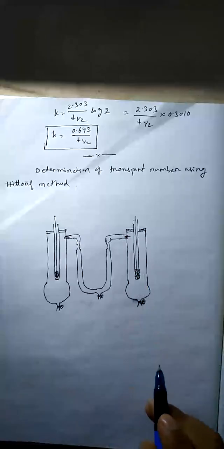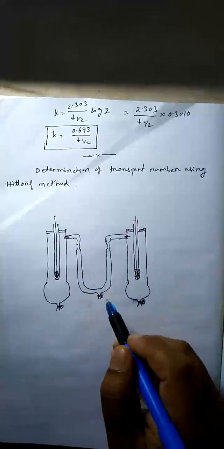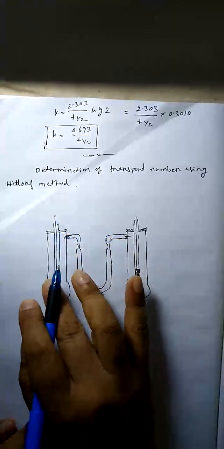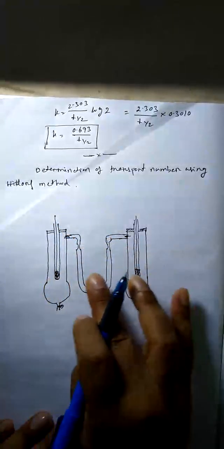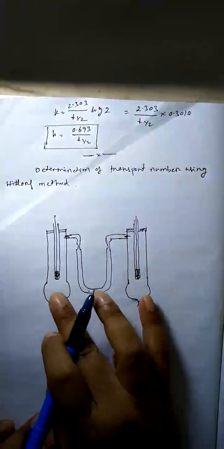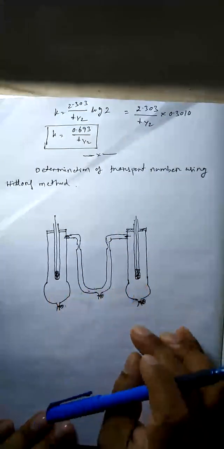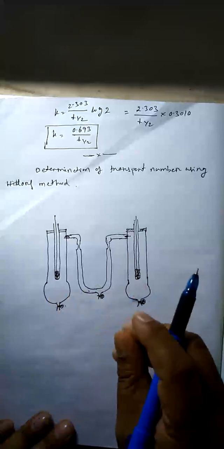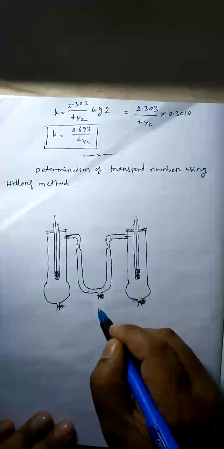Then this is the U tube, this is the cathode compartment, and this is the anode compartment. Cathode compartment, anode compartment and U tube all contain a stopcock. A stopcock is a tap. When you open it, some liquid will move away.